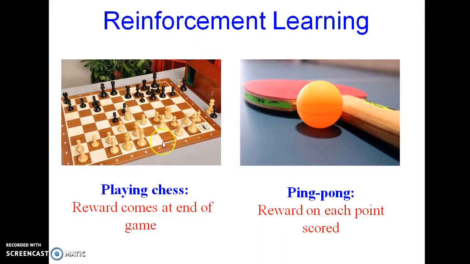Here you can see two examples of reinforcement learning strategy. One is playing chess and another is playing ping pong. In the former case, reward comes at the end of the game, whereas in the latter case, reward comes on each point scored.